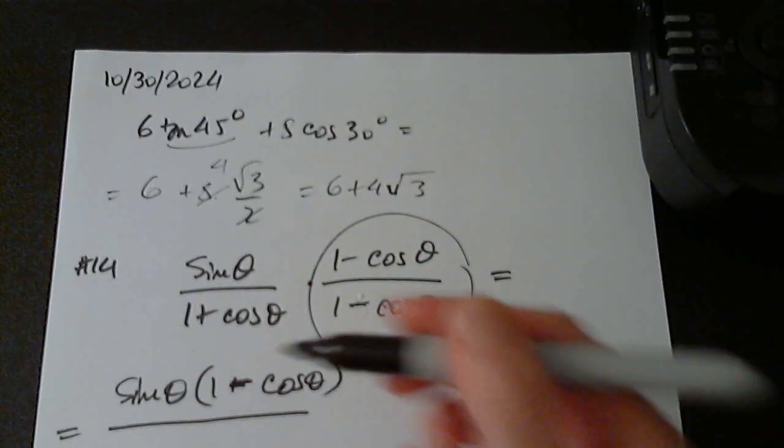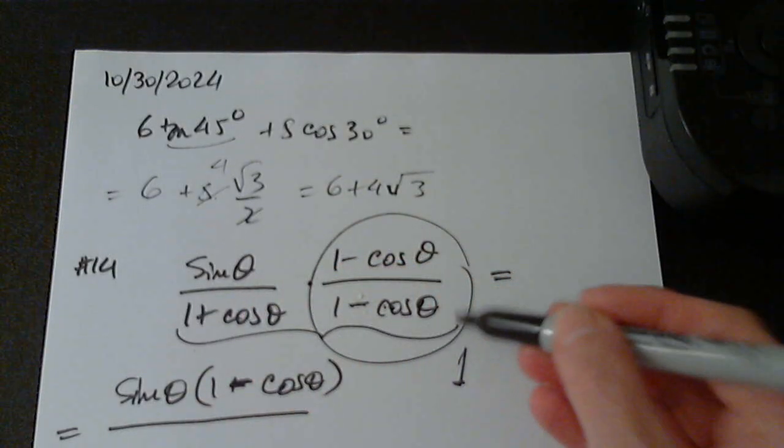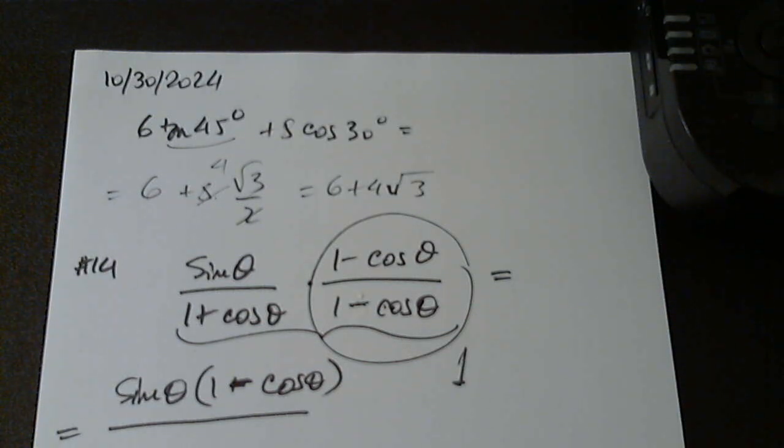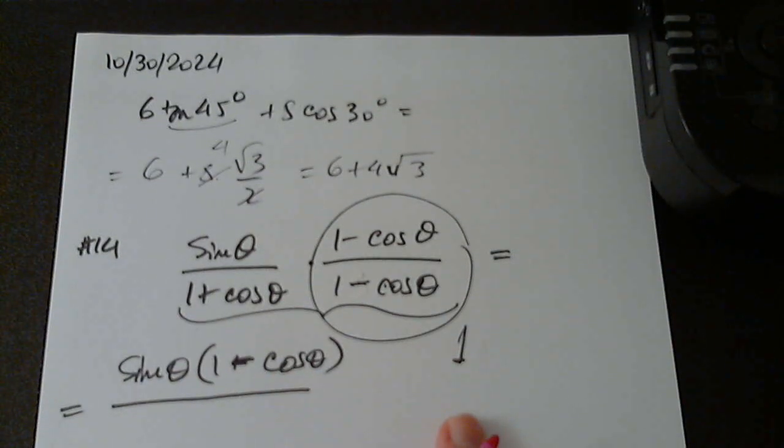But can anyone multiply these two? Because we know a lot of special products. The answer should come to us in a blink. What is 1 plus cosine times 1 minus cosine? What does it equal to? Sine theta. I think I'm wrong.